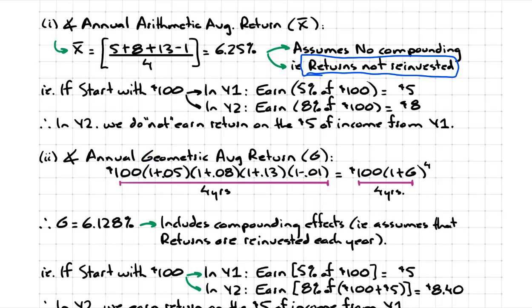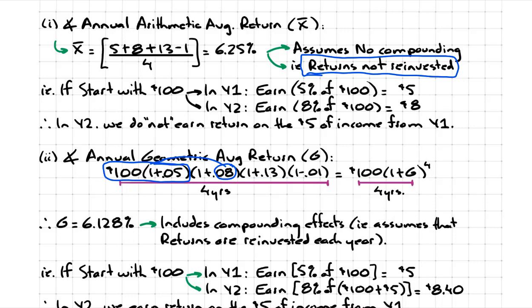But look what happens in the second year. Again, you get 1 plus, but the 1 now applies to the 105. Do you see how you're reinvesting the $5 you earned in year 1? So now in year 2, when you earn 8%, the 8% is being earned on 105.